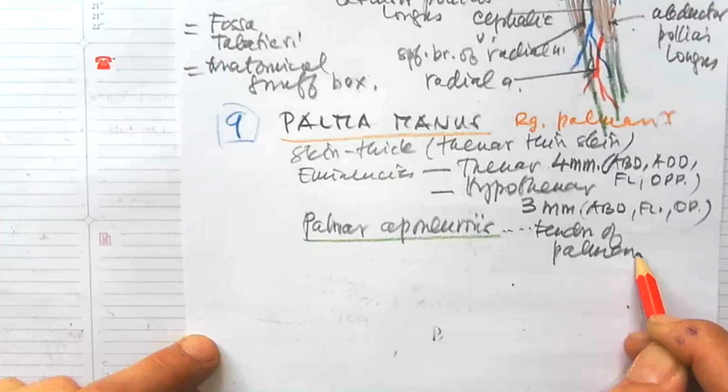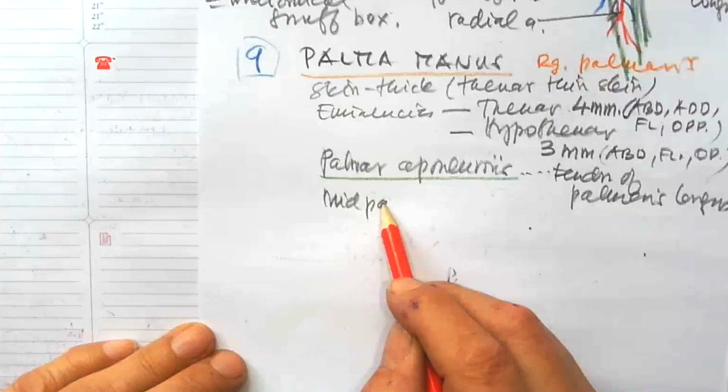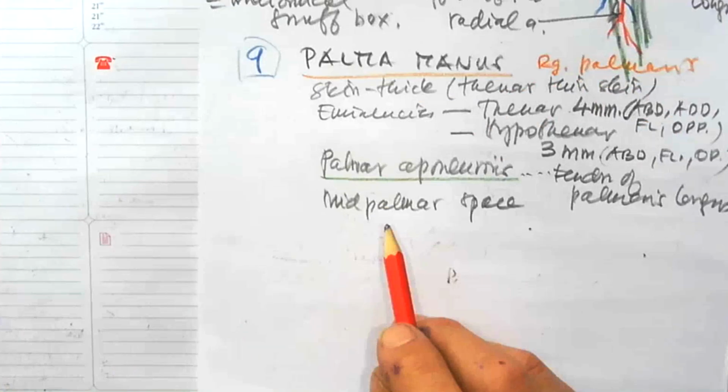And finally, at the center lies the central, or mid-palmar space, and in the mid-palmar space are the structures found there. It's not bad to know their positions.